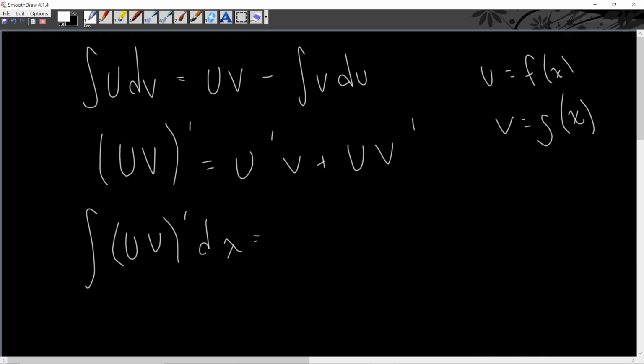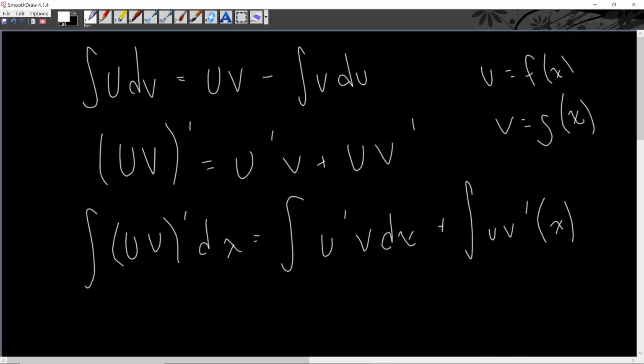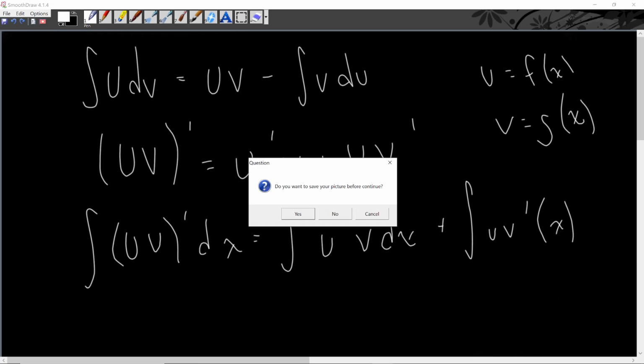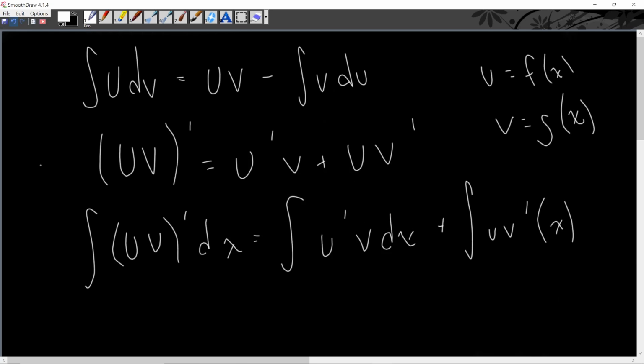And then we have the integral of u prime v with respect to x, and uv prime with respect to x. Not times x, just with respect to x.